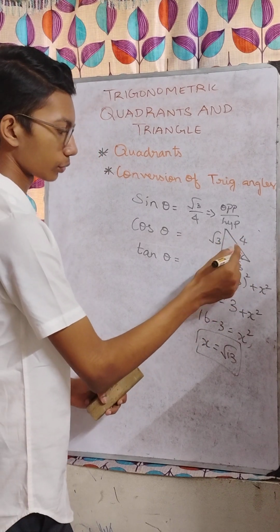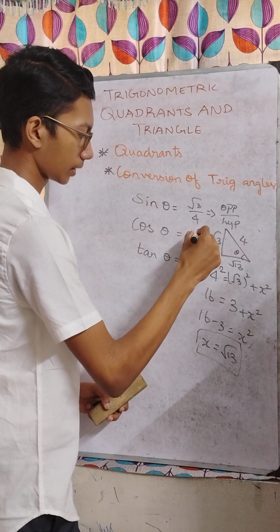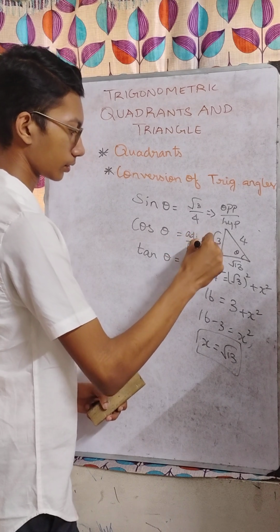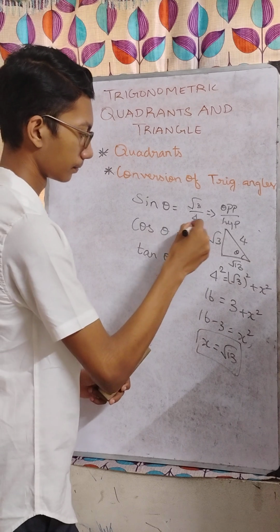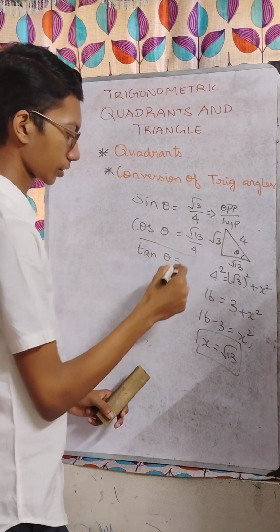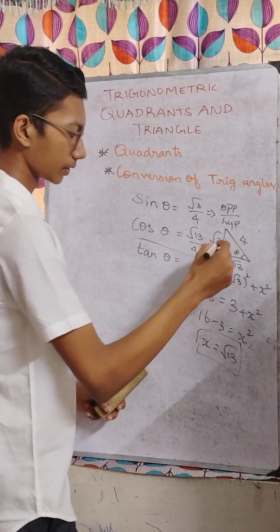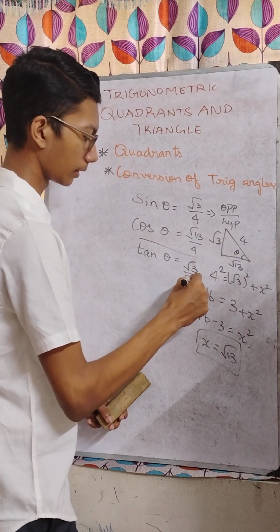So from this we can say cos theta is adjacent by hypotenuse. So adjacent is root 13, hypotenuse is 4, and this is the value of cos theta. For tan theta it is opposite by adjacent, so root 3 by root 13.